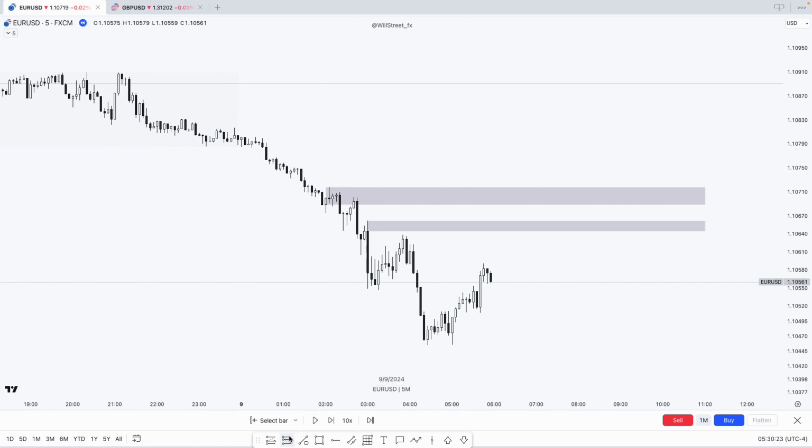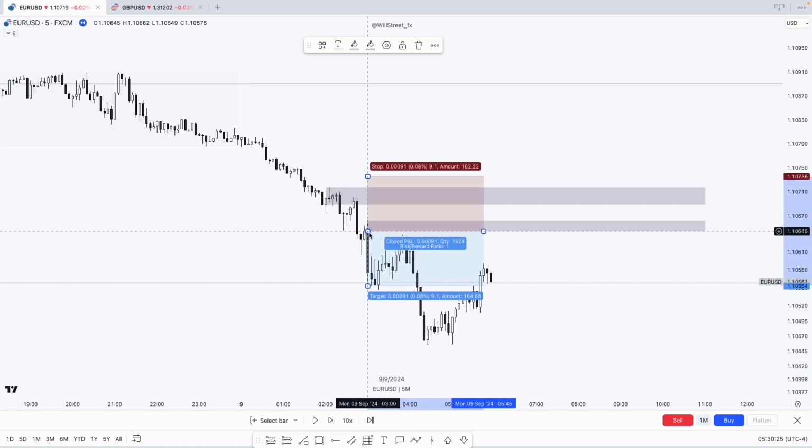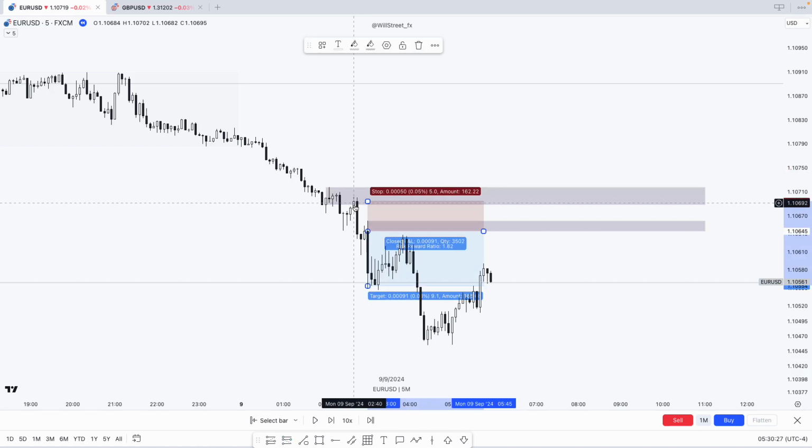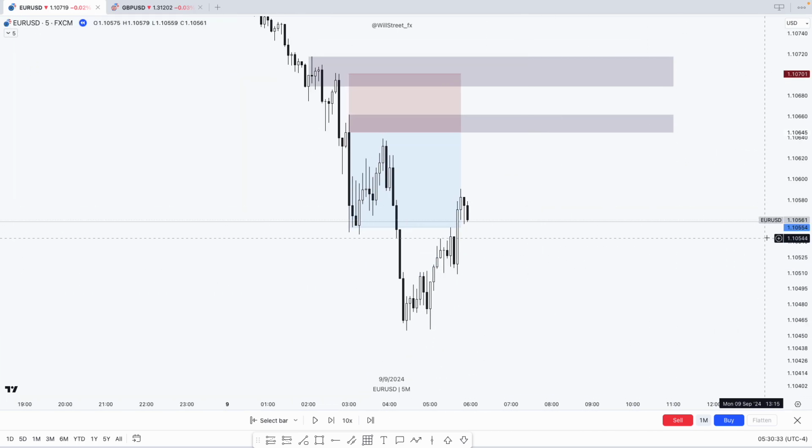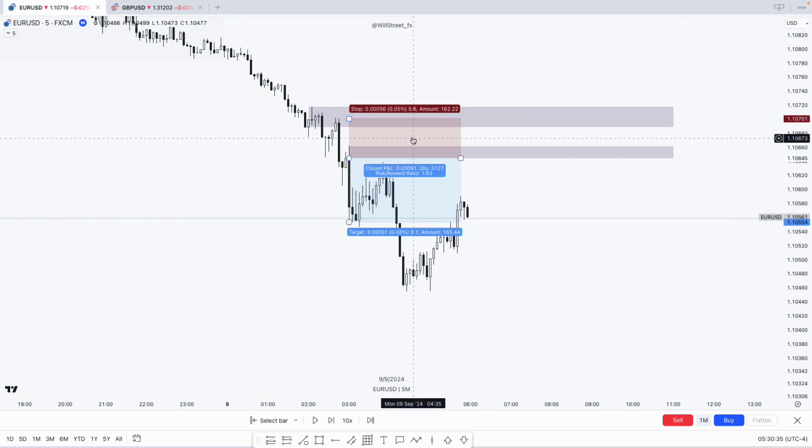Because my entry was here, something like 5 to 6 pips is my average stop loss. So I'm not explaining my entry, but I will explain my exit.